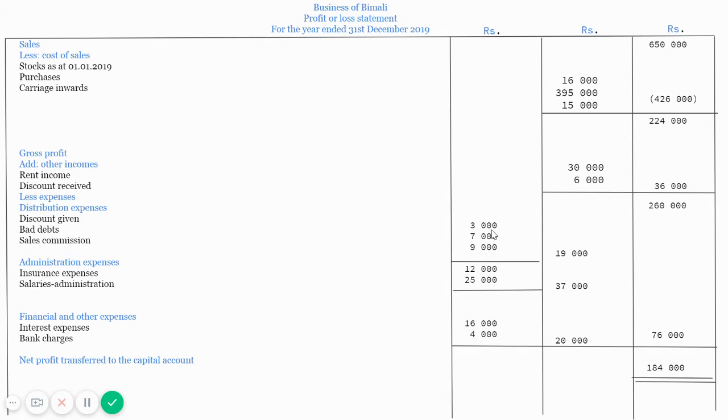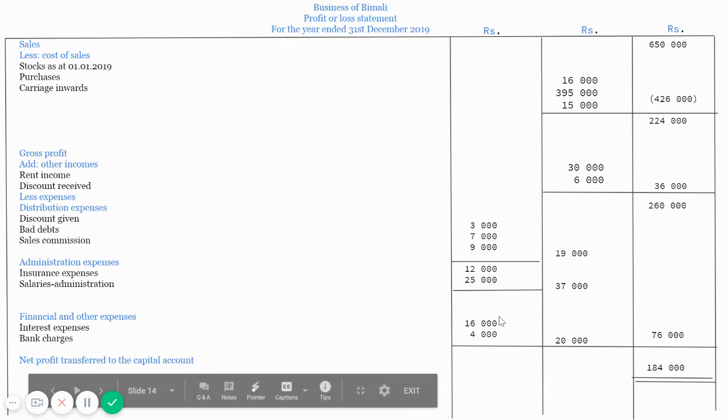So distribution expenses, when you add all, you will get 19,000. Administration expenses, when you add, you will get 37,000. Financial and other expenses, when you add, you will end up with 20,000. So those three figures will be shown here.